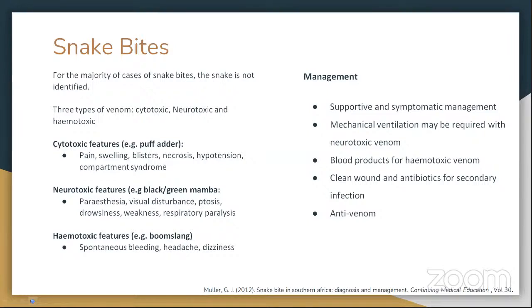But the mainstay would be to contact the relevant poisoning, the poisoning information center.